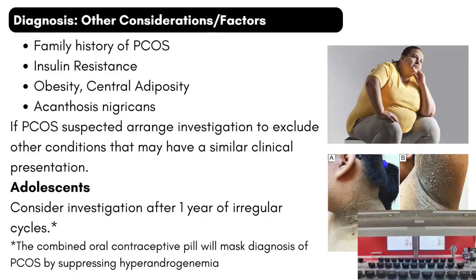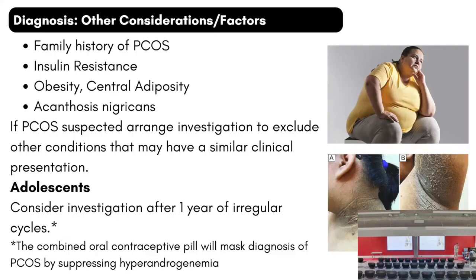This is a skin condition, and you can see it characterized here on my right-hand side on the screen. This is whereby women develop a rash around the neck, around the genitals, around the armpits. You can see it's wart-like in its appearance. This is often a sign associated with PCOS as well, yeah?